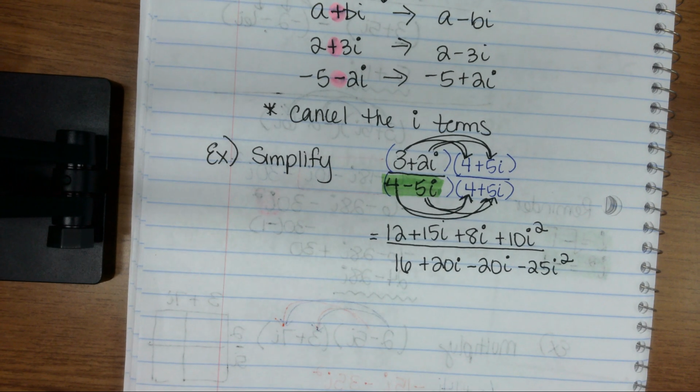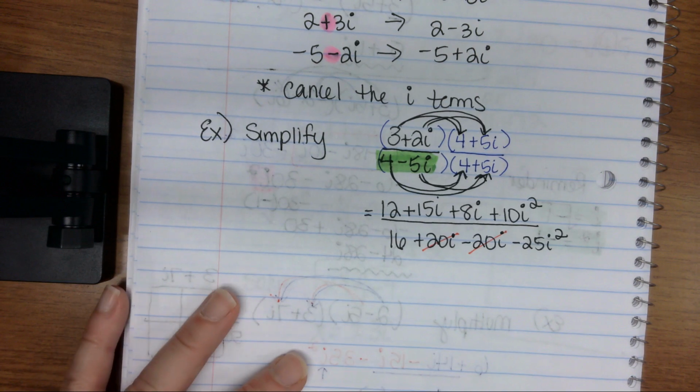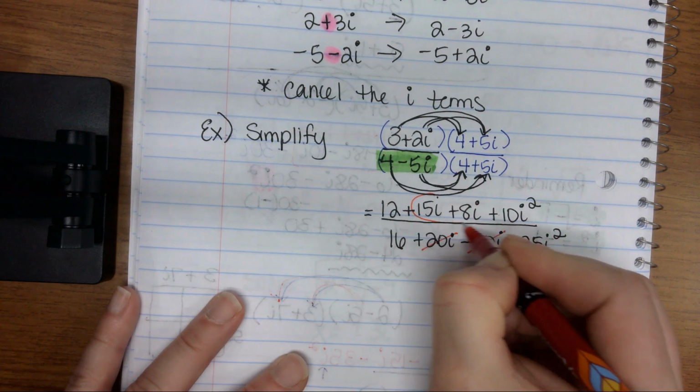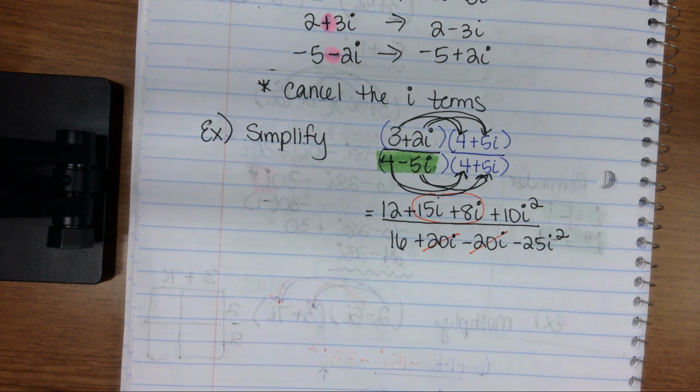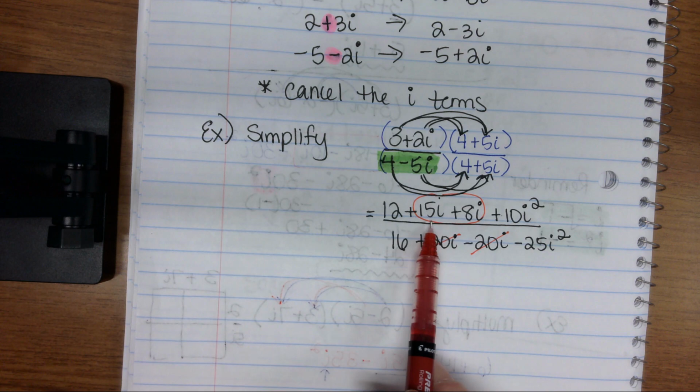Okay, let's do some things. First of all, let's go ahead and cancel those on the bottom. On the top, they don't cancel. That's okay. We just are going to get rid of the i's on the denominator. But we can add those, right?